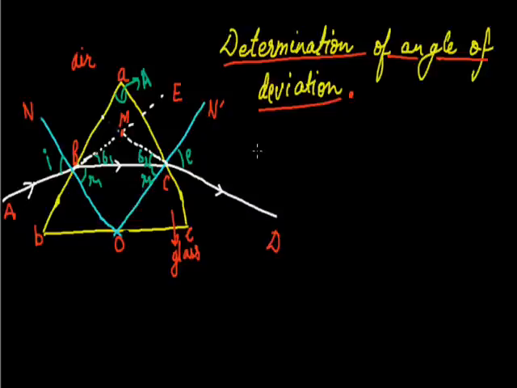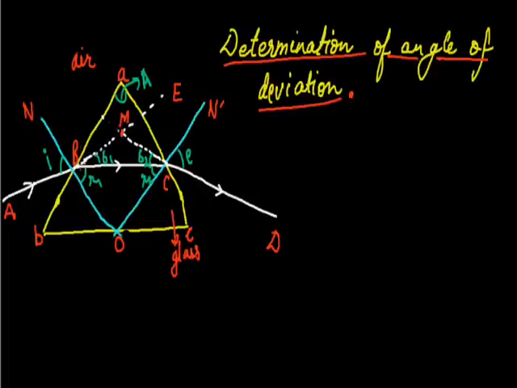Angle of deviation is calculated between the original direction of the incident ray and the refracted ray. So we can define the angle of deviation as the angle between the original direction of the incident ray, which in the diagram at surface AB is shown by the line BE.